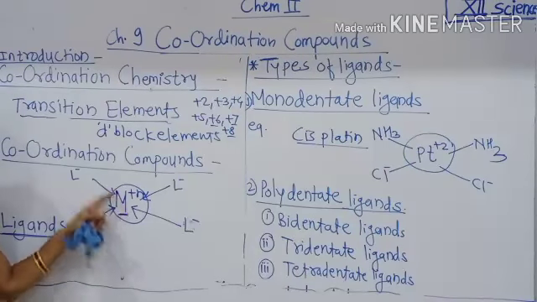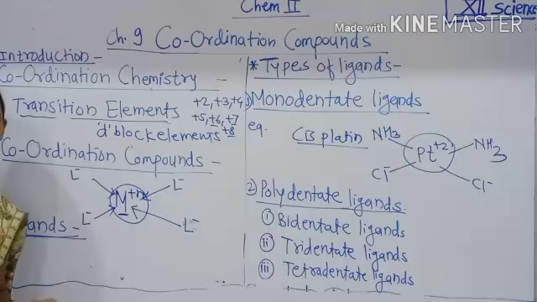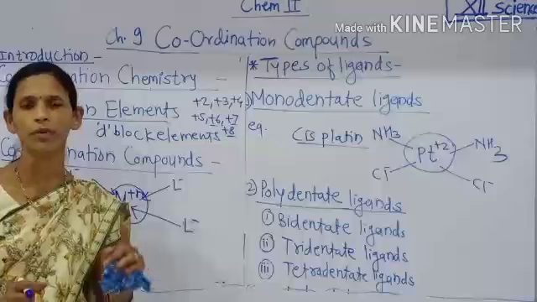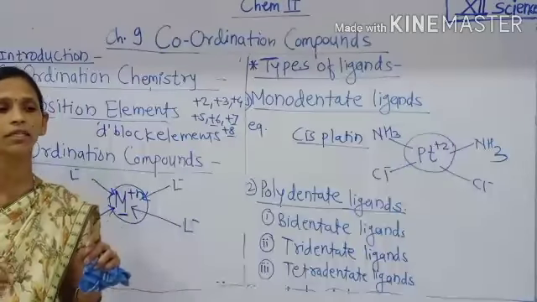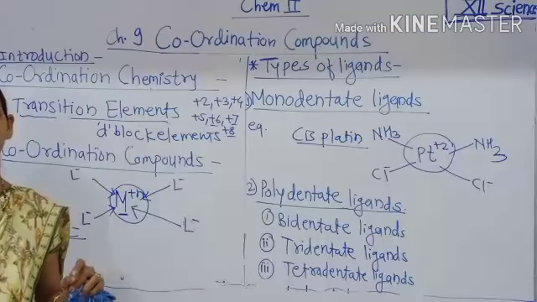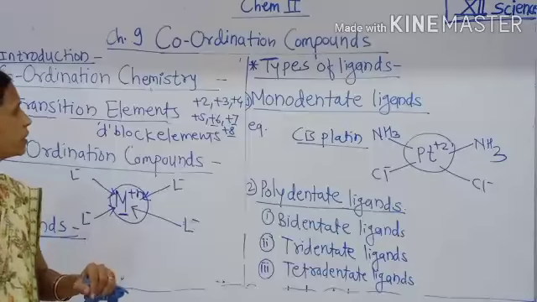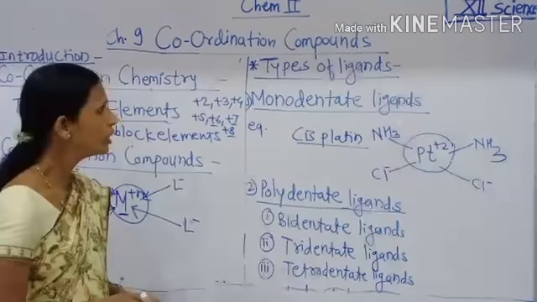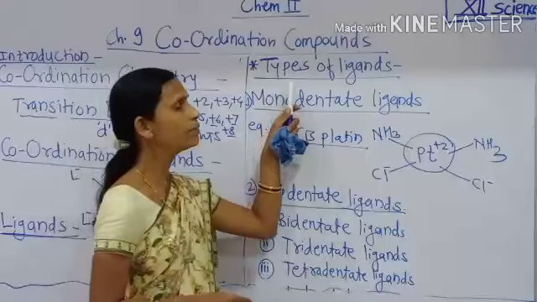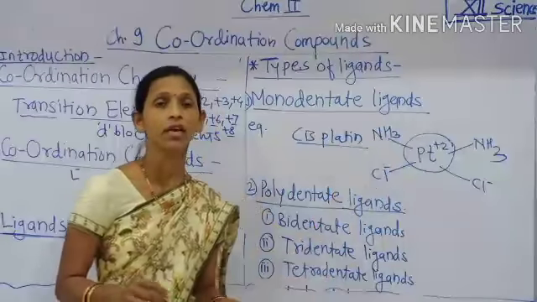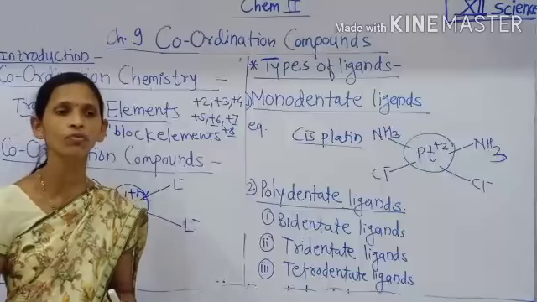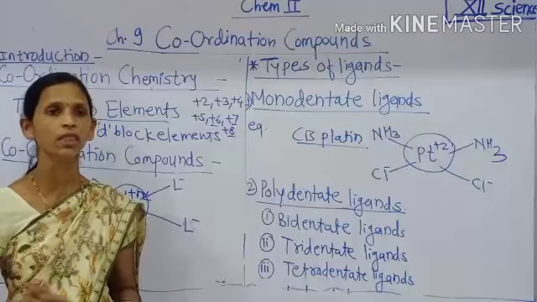These ligands may be negatively charged or neutral, or, less commonly, positively charged. Ligands are of different types. We will study the types of ligands. Ligands are classified on the number of donor atoms in the ligands.